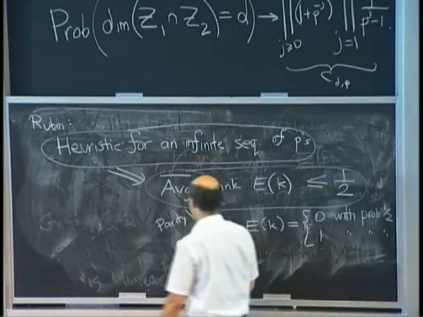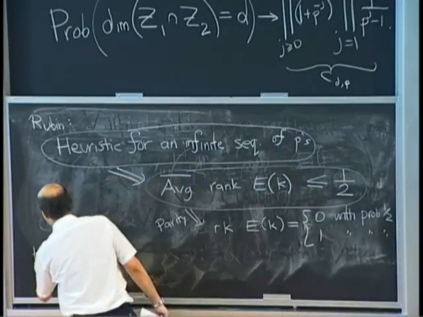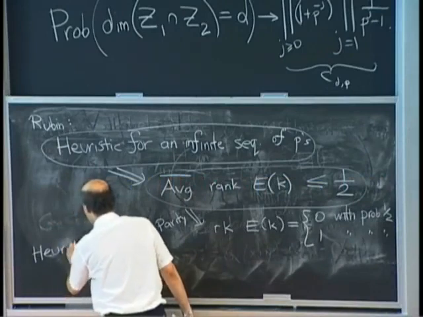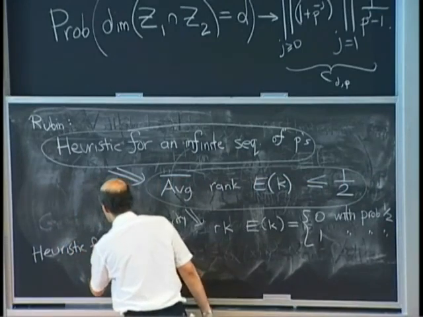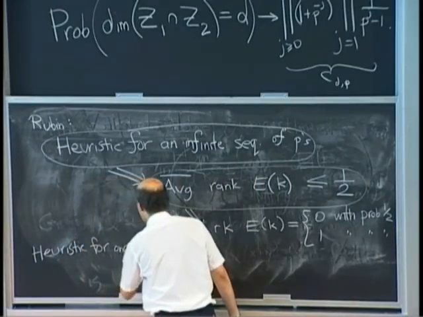On the other hand, if you have the heuristic for just one p, what can you get from that?